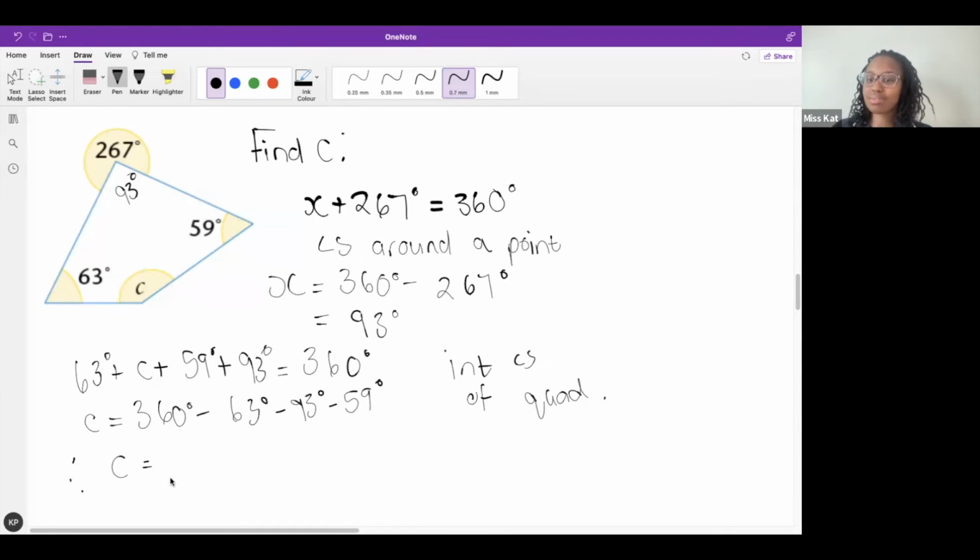I see 215. I see 145. I see a lot going on. Is it 145? I hope so. 145 degrees. Okay, are we happy about that one? Thumbs up, thumbs down.